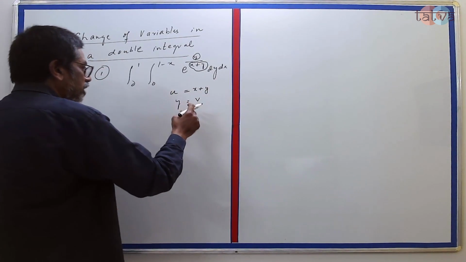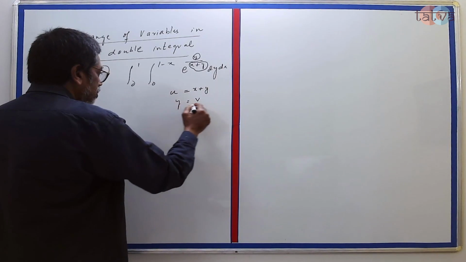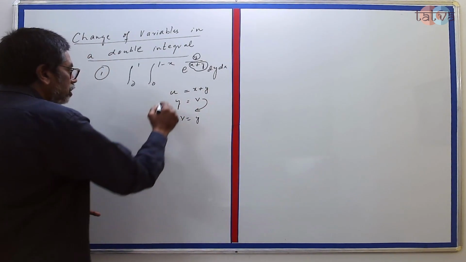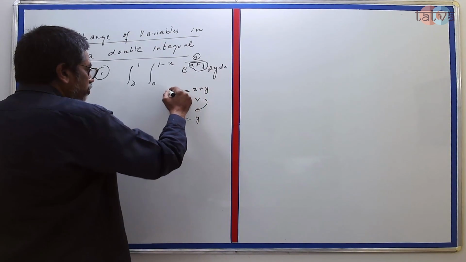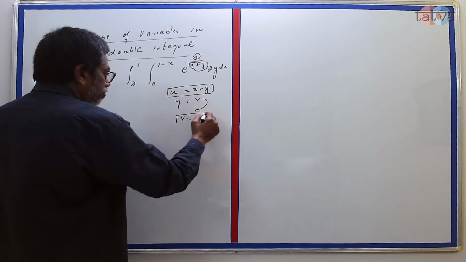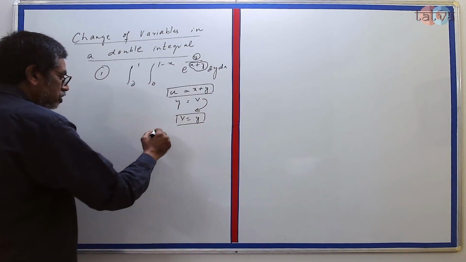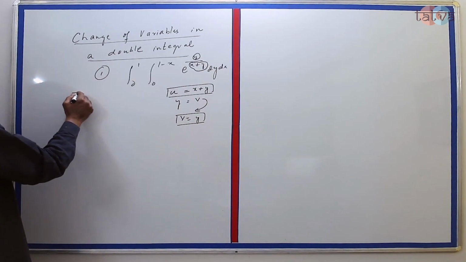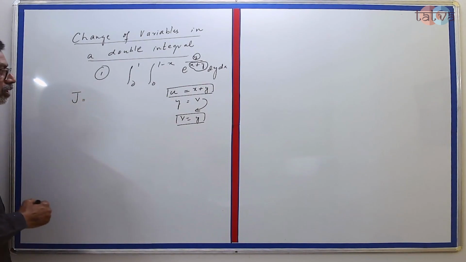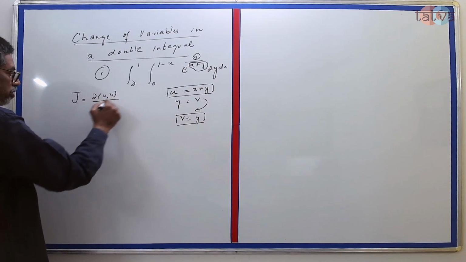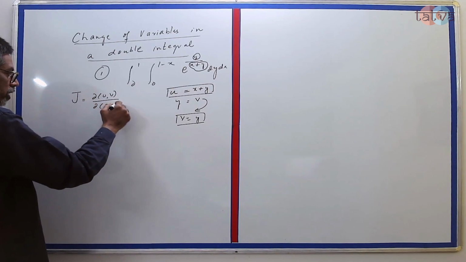This is the same as v is equal to y. So I replace x plus y with u and I replace y with v. This is where I find what is known as the Jacobian of the transform. Suppose I am writing the Jacobian of the variables u and v with respect to x and y.